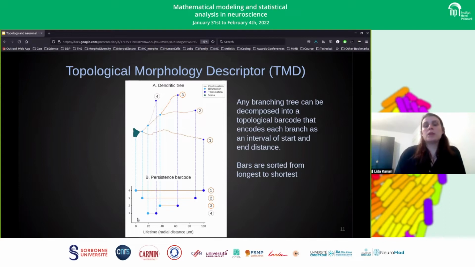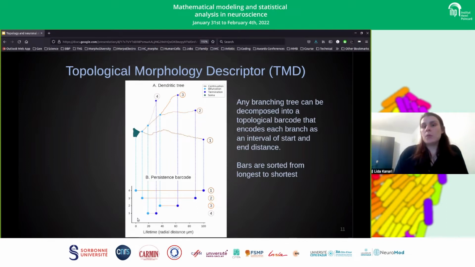So they were measuring, for example, the length of the branches, the angles of the branches, the number of the branches. But all these are one-dimensional projections. So you were losing so much information from each one of these projections that you couldn't capture the full picture of the neuron. So what we were trying to do is to find a descriptor that would capture as much information as possible from these neurons.